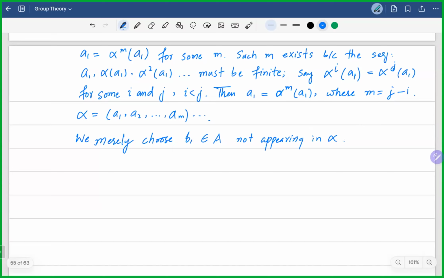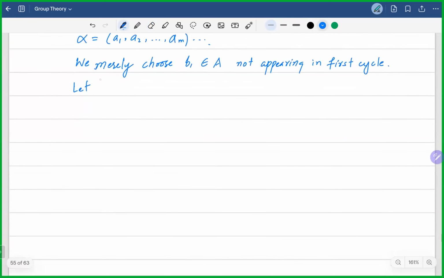That is, we let B2 be alpha of B1, and B3 be alpha square of B1, and so on until we reach B1 equals alpha power k of B1 for some k.